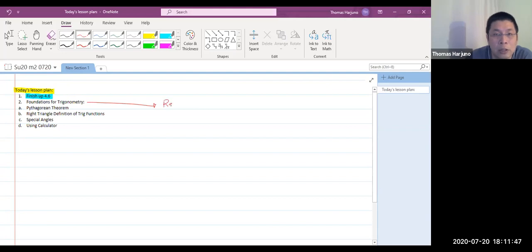Read section 5.1, and I will go over that tomorrow. But what I will do today is most of 5.2, and tomorrow we'll do 5.1, finish up 5.2, and then go to 5.3.